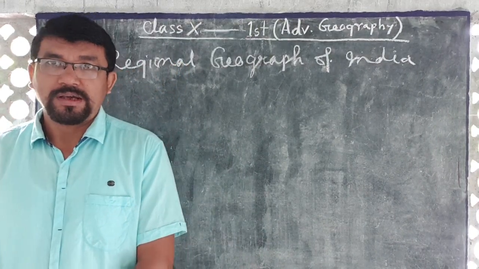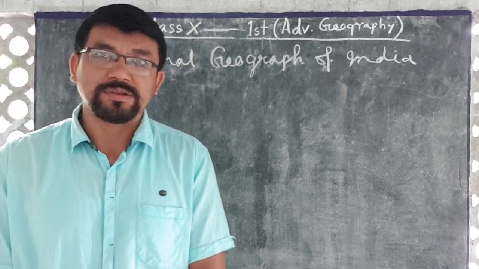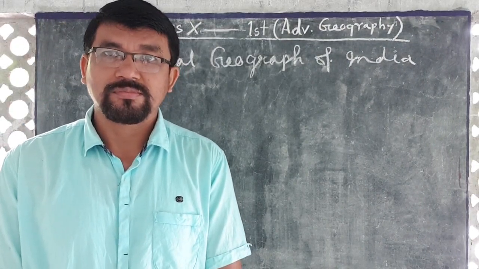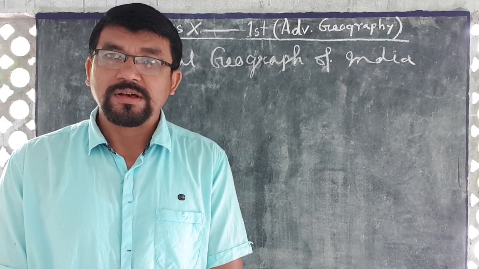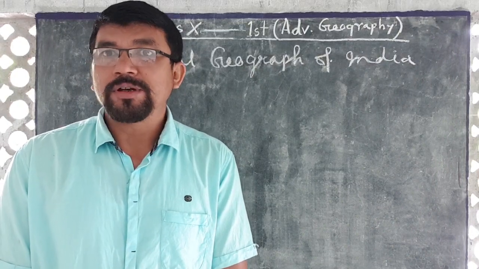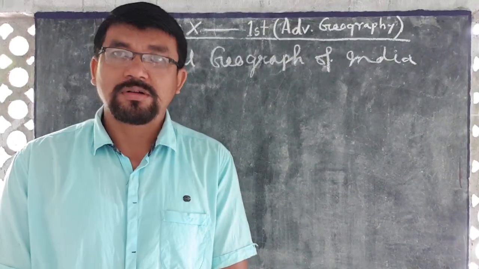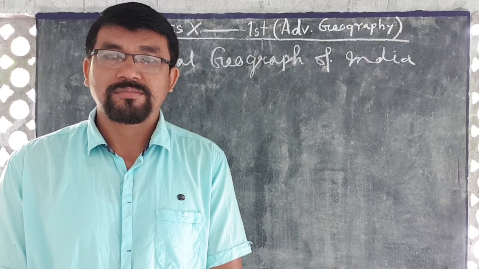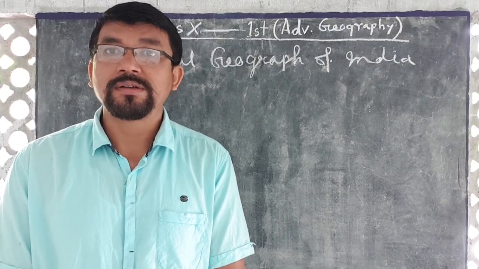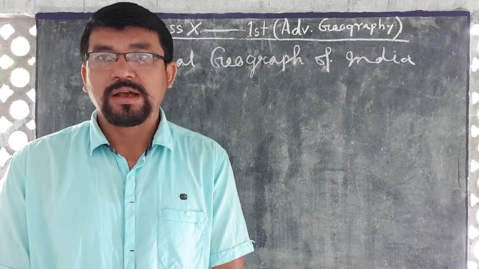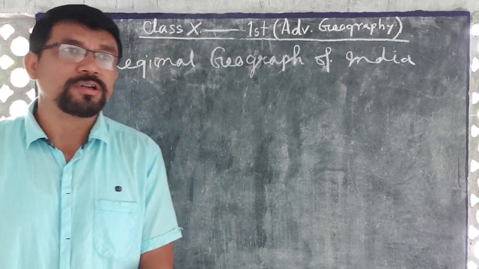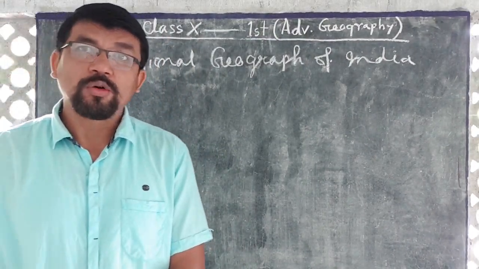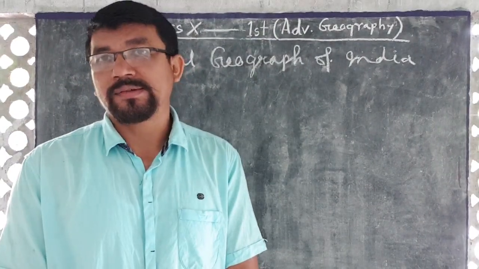Climatologically, India has lots of diversities, such as there are some regions which are very hot, like Rajasthan, where the Thar desert is located. And there are some very cold regions, known as the cold desert of India, such as Ladakh.